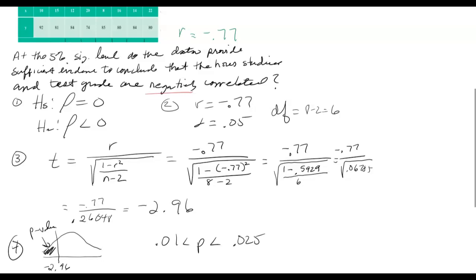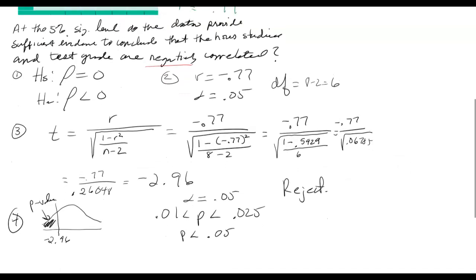If that's where my p-value falls and I know my alpha level is 0.05, I can see that p is clearly going to be less than 0.05. Since p is less than 0.05, we can reject the null hypothesis.